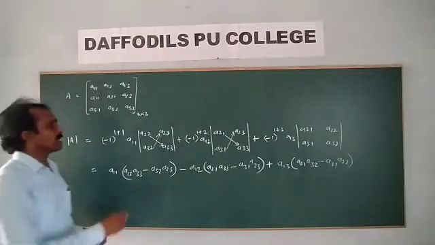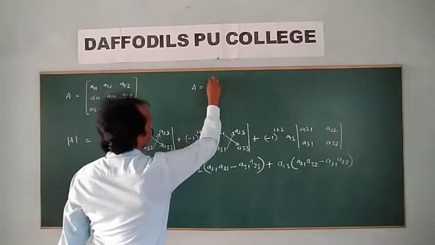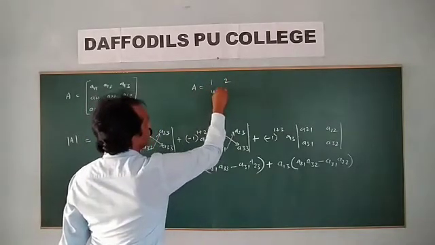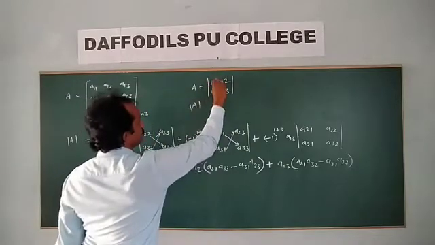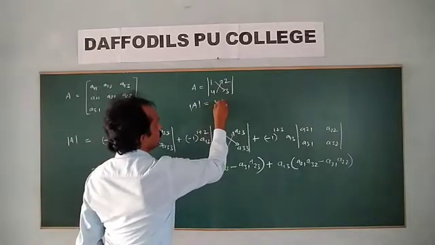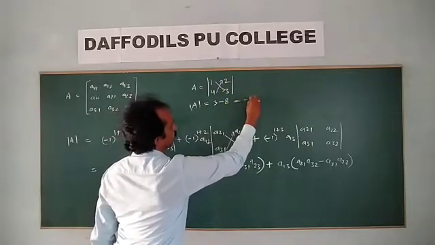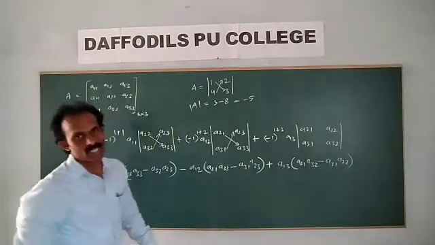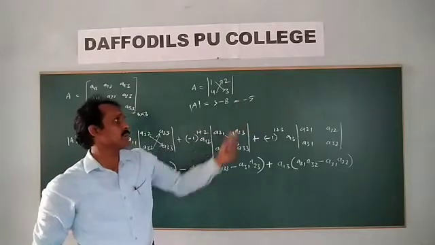You know the 2 by 2 matrix. For example, A is equal to 1, 2, 4, 3. What is the determinant of A? This is equal to 3 minus 8, that implies minus 5. So minus 5 is a real number, or any complex value.